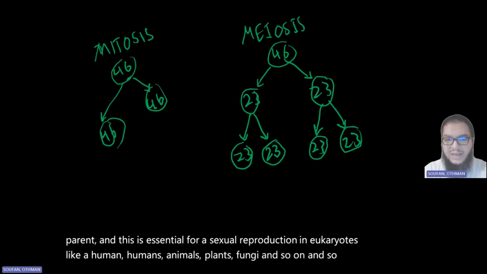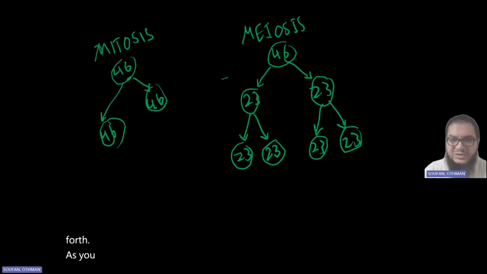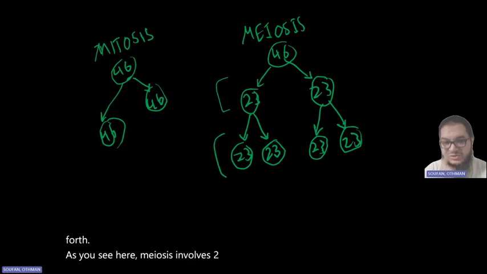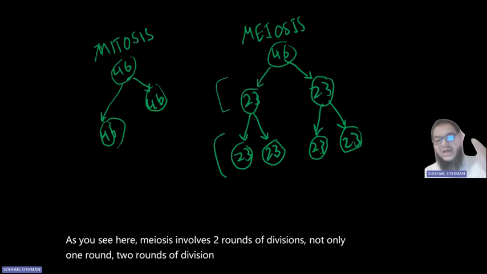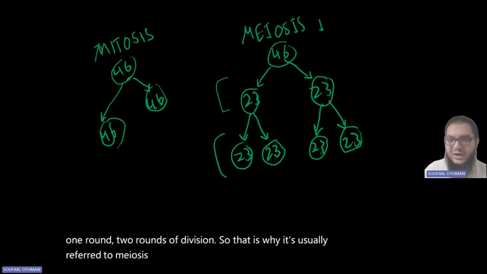As you see here, meiosis involves 2 rounds of divisions, not only 1 round. That is why it's usually referred to as meiosis round 1 and meiosis round 2.